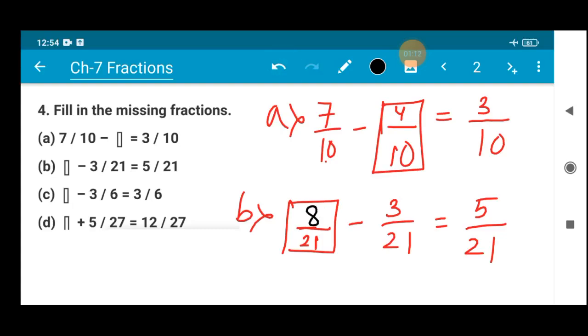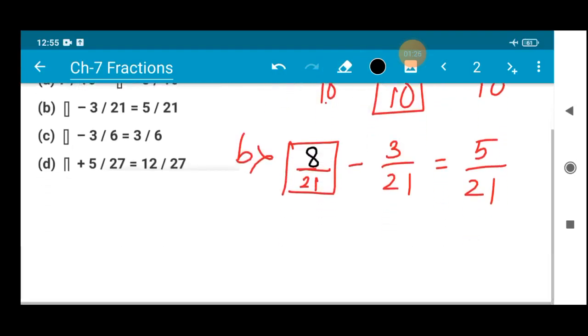Of course here it should be 8. Why? Because 8 minus 3 is 5, and the denominators 21 and 21 are the same, so I can write one denominator. So in this manner we have to do it. Okay, very easy.